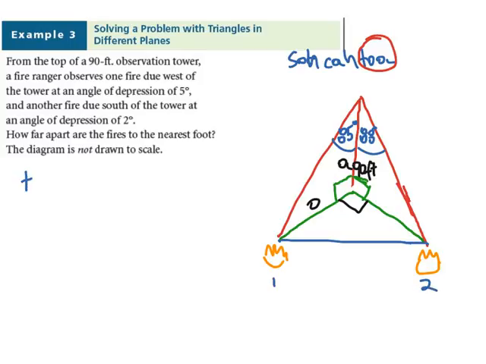I'm going to do a little shortcut because I already know that it's opposite over adjacent. We're looking for the opposite side, and I know the adjacent side, which is 90. We're going to cross multiply and bring the 90 feet up. So we'll get 90 tan 85. That is equivalent to the opposite side that we're looking for.